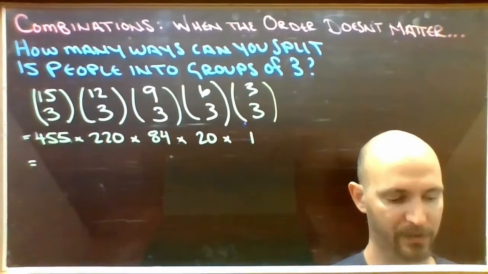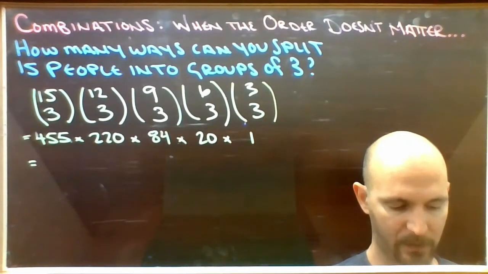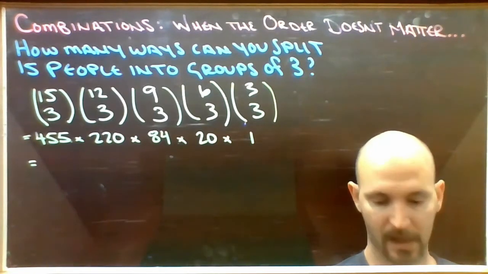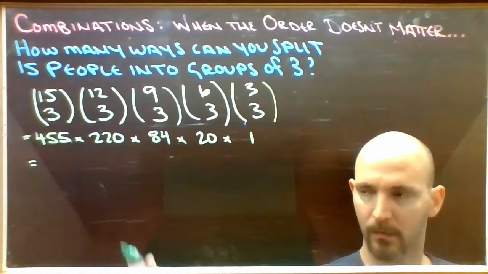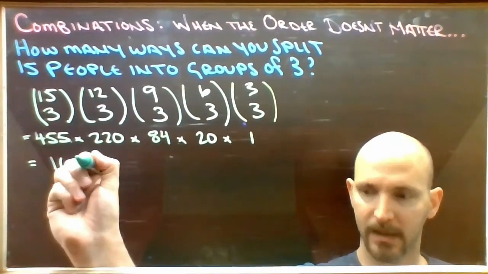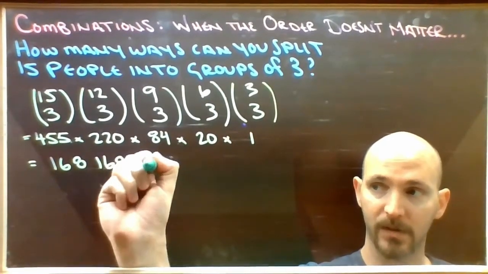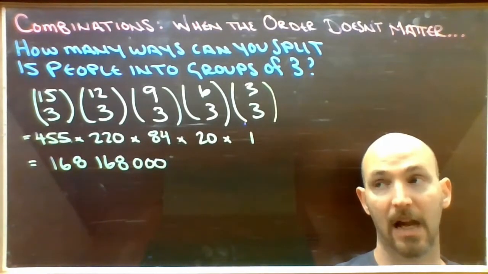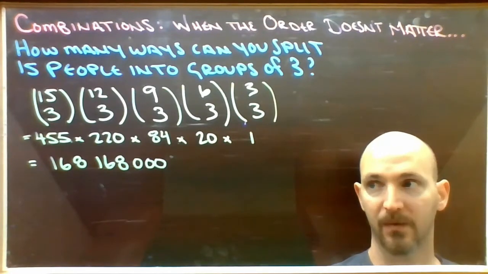So to finish, 1 times 20 times 84 times 220 times 455 is 168,168,000. 168,168,000 different ways you could split 15 people into groups of 3.